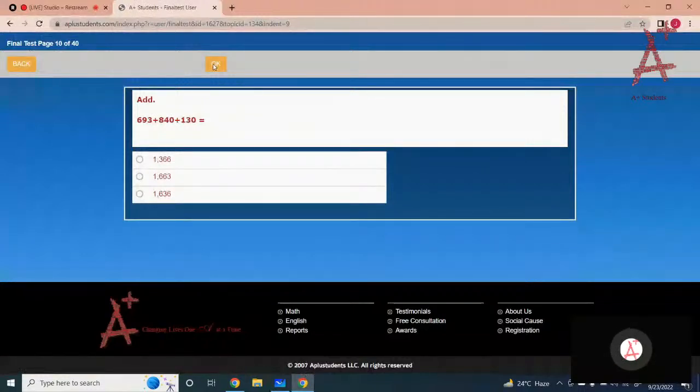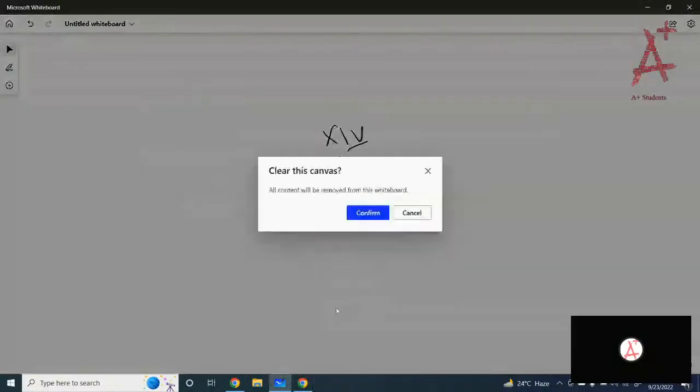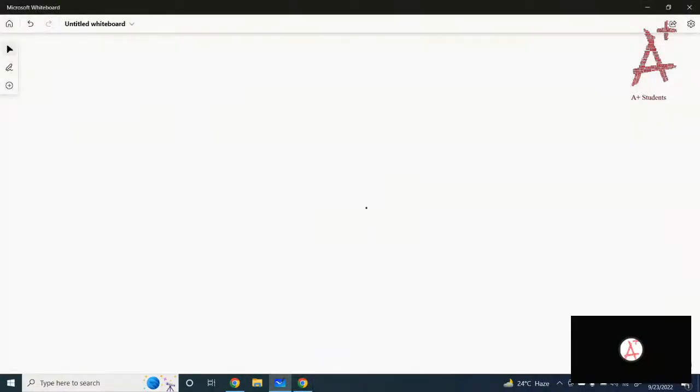Okay, you have to add 693 plus 840. Yes, it is 130. So just add the ones, then add the tens, and then add the hundreds.